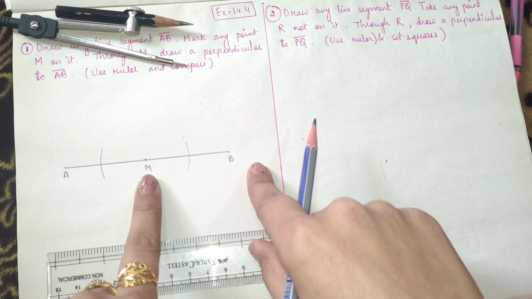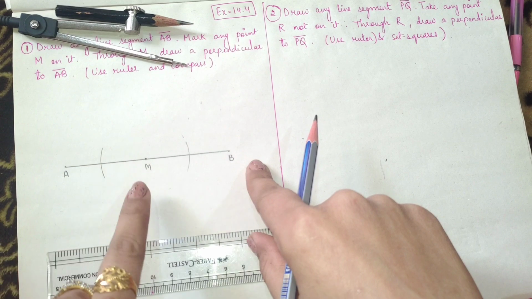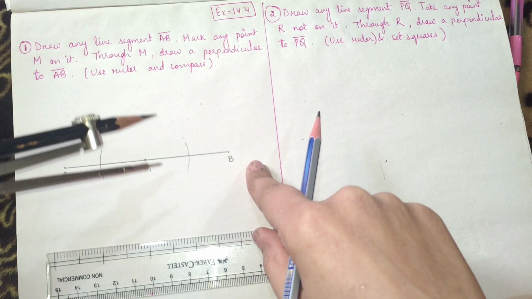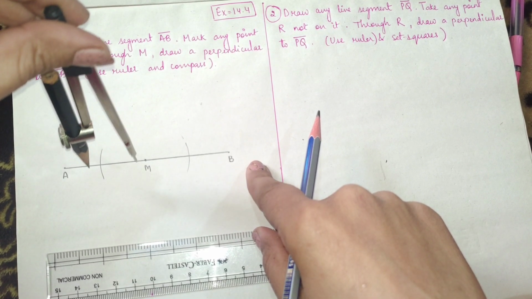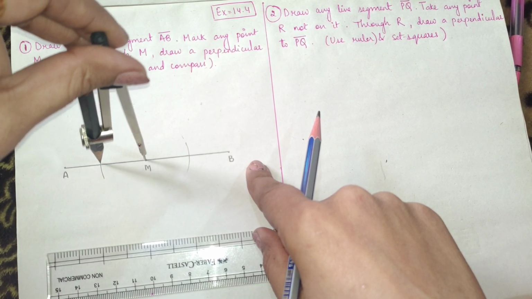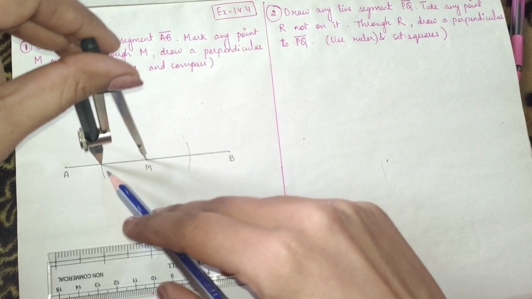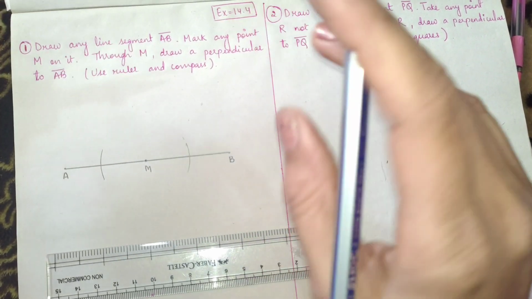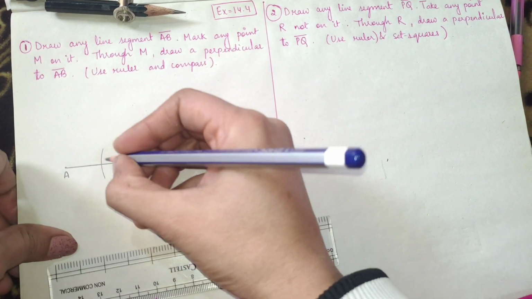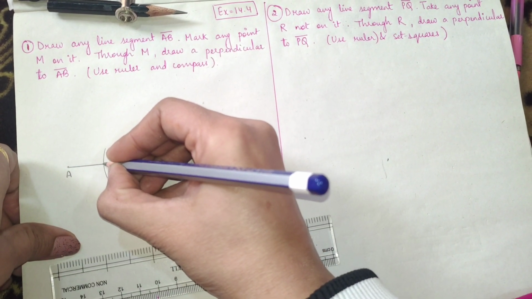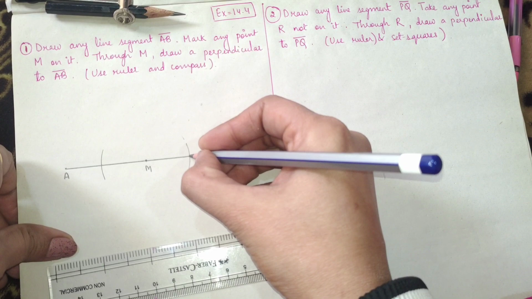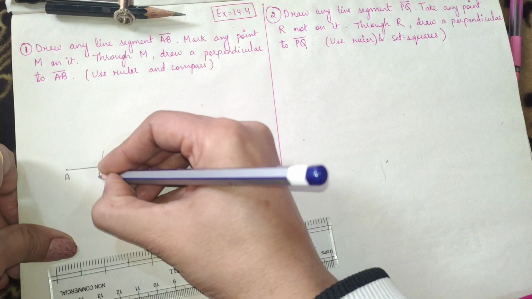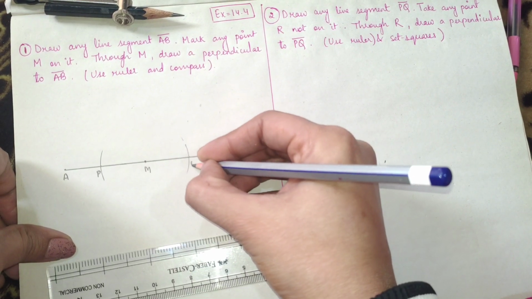We have taken a point M on it, then I kept my pointer on M, opened the compass to a radius of my choice, and drawn two arcs, one on the left side of the point and one on the right side. That's the first step. If you want, you can highlight these points of intersection between the arc and the line and name them, like P, Q.